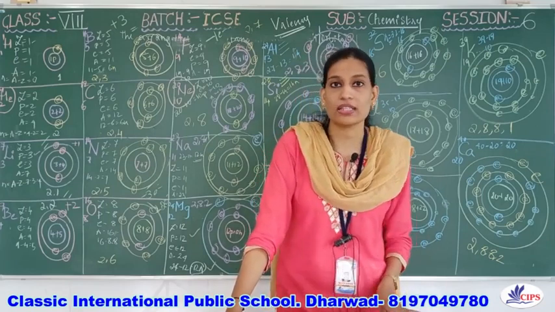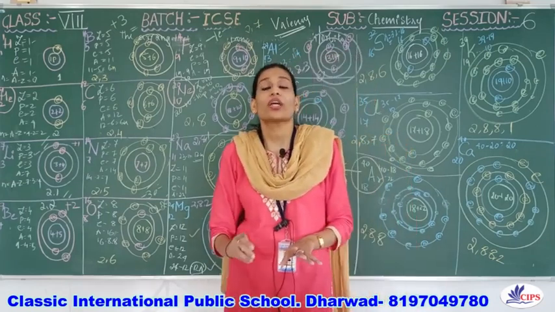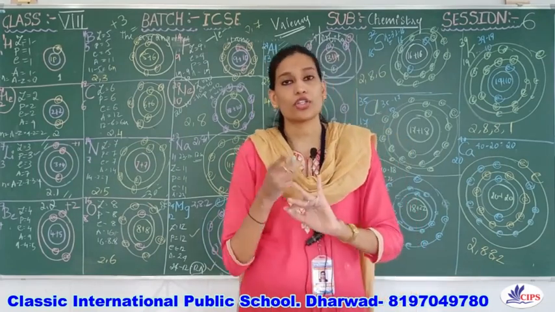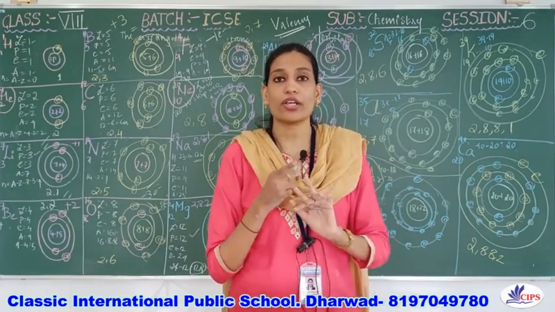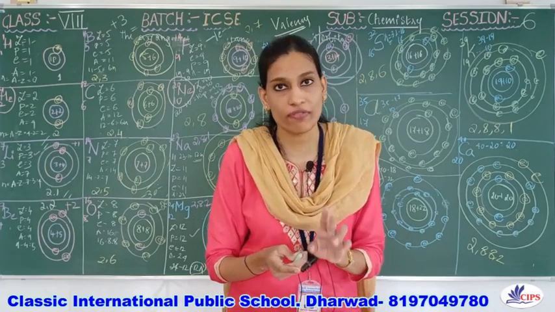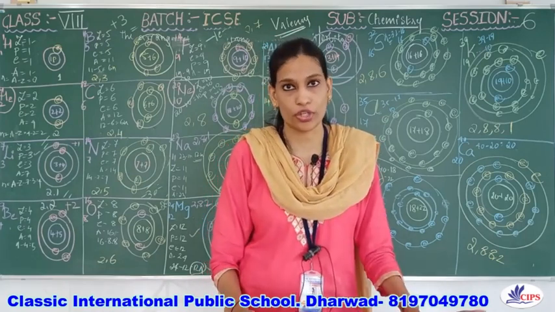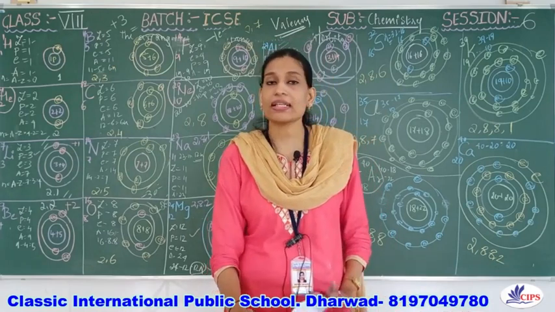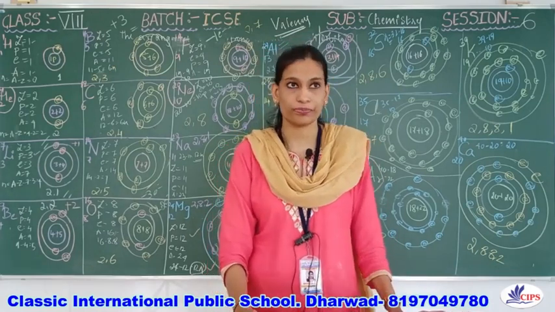So I hope in this session you have understood the distribution of electrons, the electronic configuration, and the valency. Valency is very much important, students. Now I will discuss some worksheets with you.